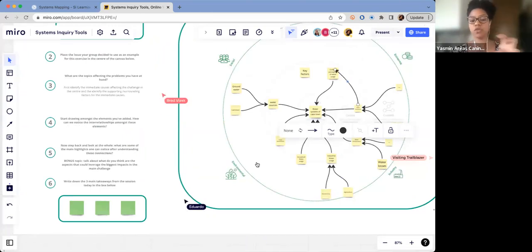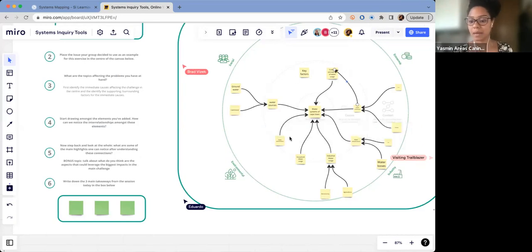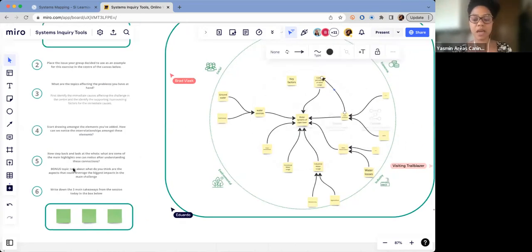Then after you do that, you look back and ask, what are some of the main highlights you can notice after understanding these connections, after creating this map? And then if you have some time, you can address this other question here: what are the aspects that could leverage the biggest impacts on the main challenge?